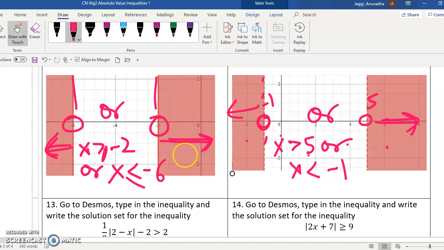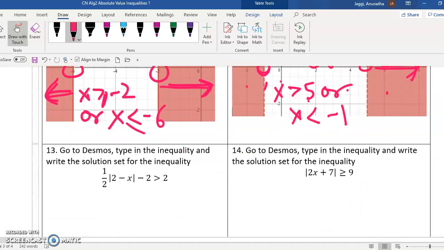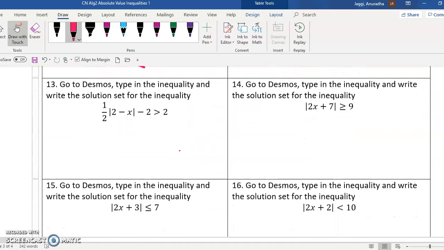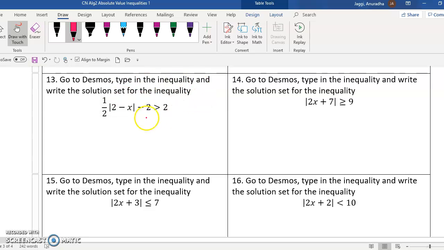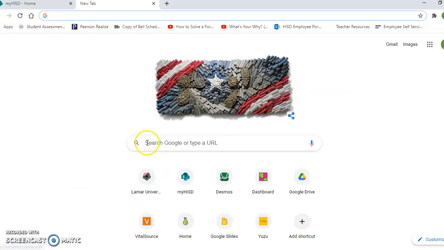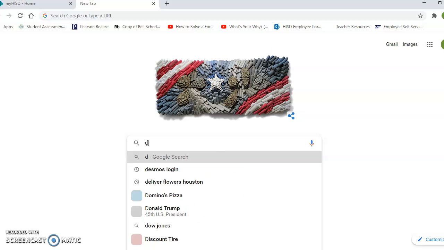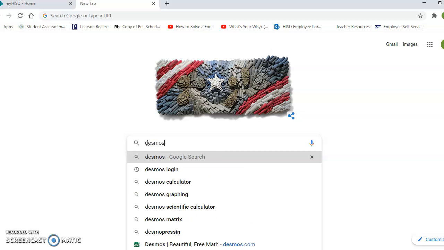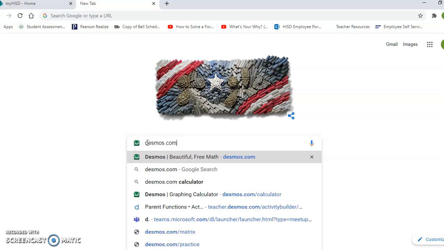Okay, now let's practice some questions on Desmos. For example, go to Desmos and type in the inequality and write the solution set for the inequality. So let's go to Desmos.com again, and there's beautiful free math.